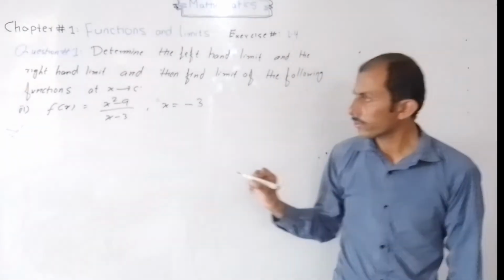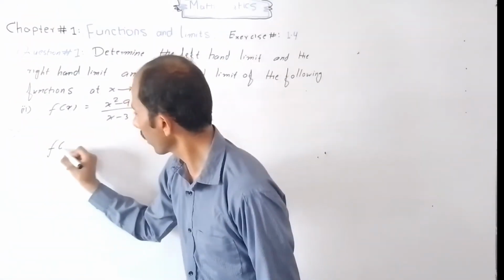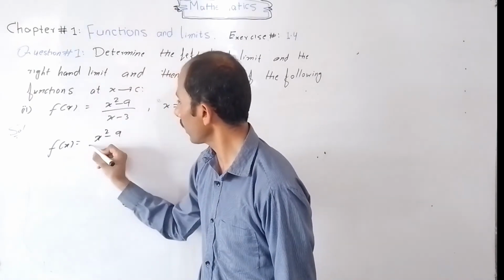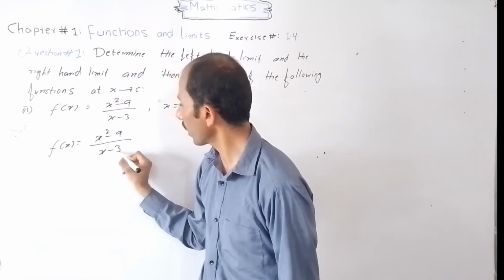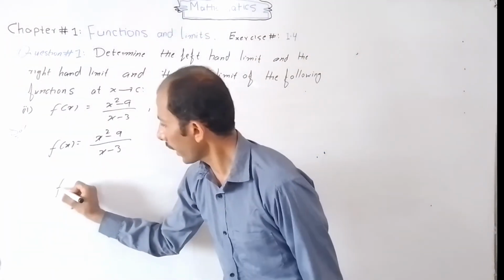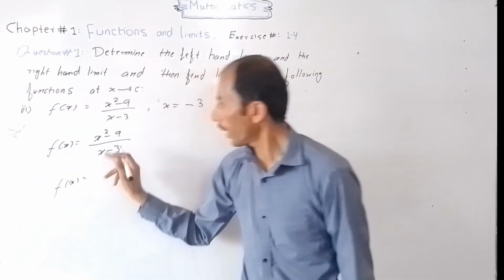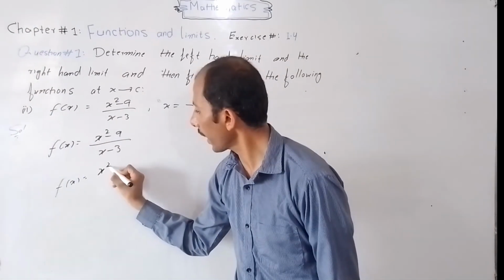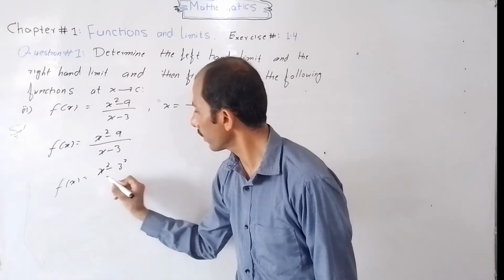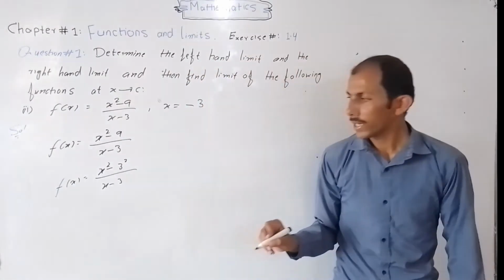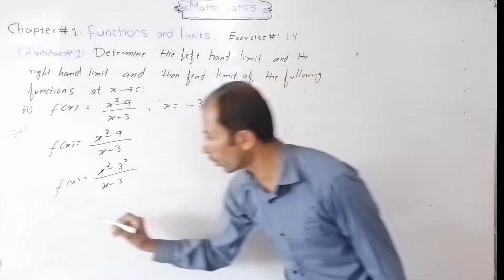First, as it is, f(x) = (x² − 9)/(x − 3). x² − 9 can also be written in the form of x² − 3² divided by x − 3.